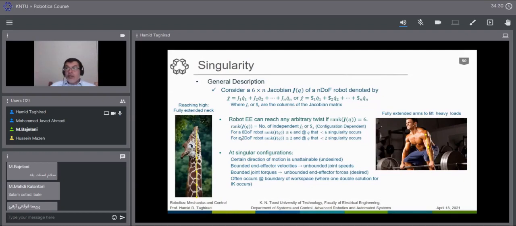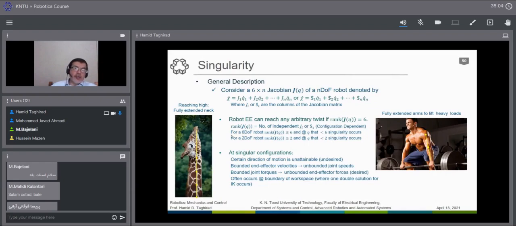Now, for a 6-degree of freedom robot, the rank of the Jacobian could be either 6 or less than 6. Maybe in some configuration we are rank deficient, and we are not invertible. If the rank is smaller than 6 at any point in the space, we call that a singularity configuration, or singularity happens.